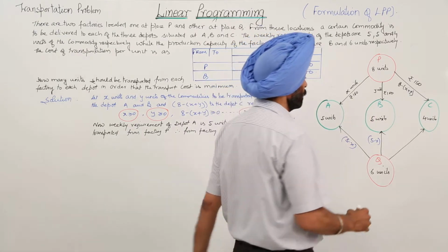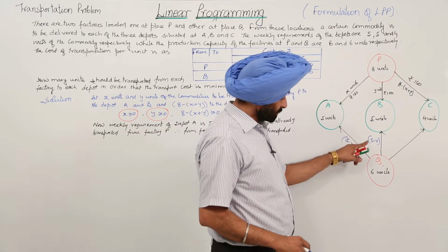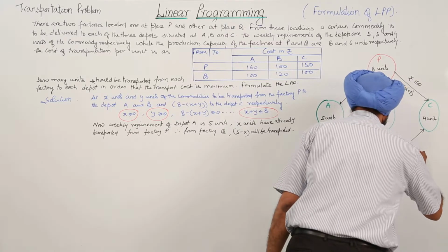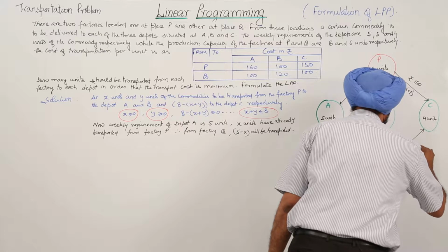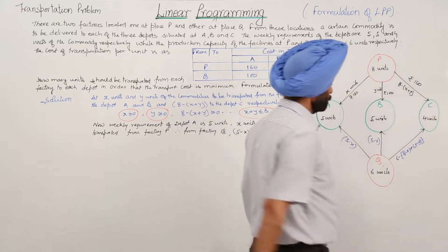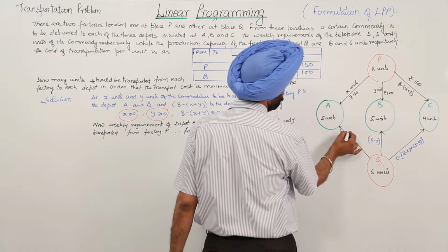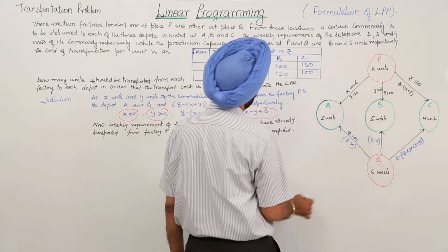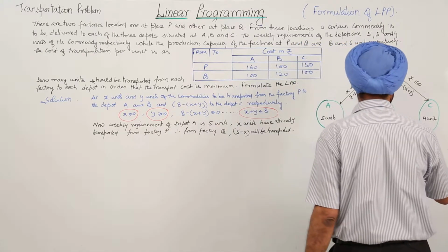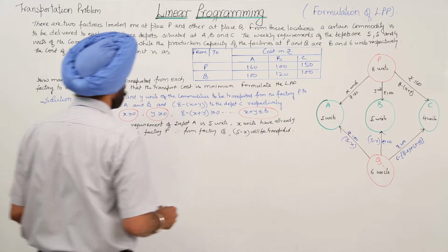Now from 6 we subtract the sum of these two, so we have 6 minus (5 minus X plus 5 minus Y). Is it clear? The cost in rupees is 100, 120 and 100.